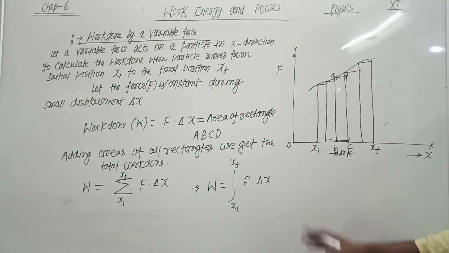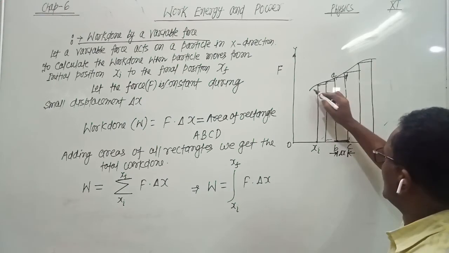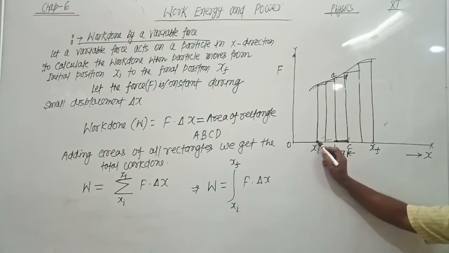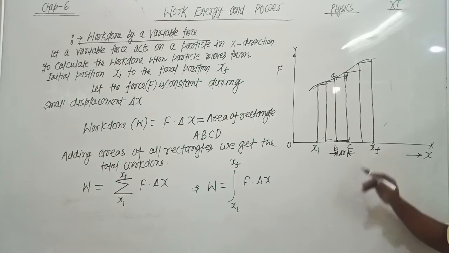So this is the way to find the work done by a variable force. A variable force acts on a particle and the particle displaces from the initial position xi to xf.